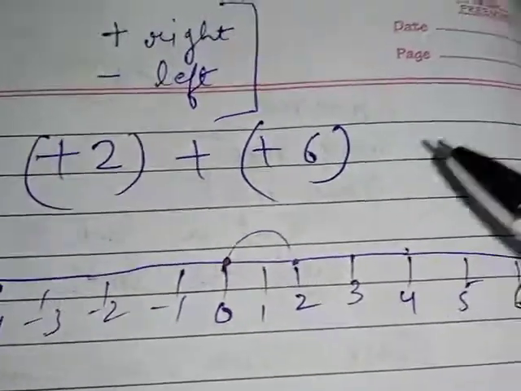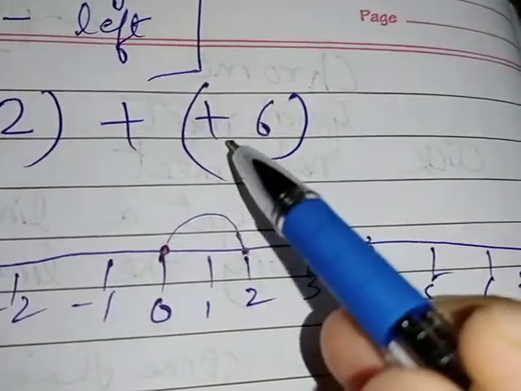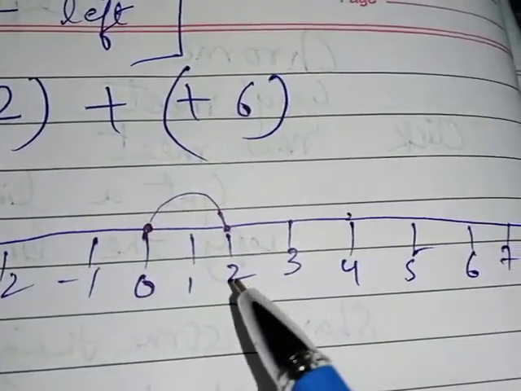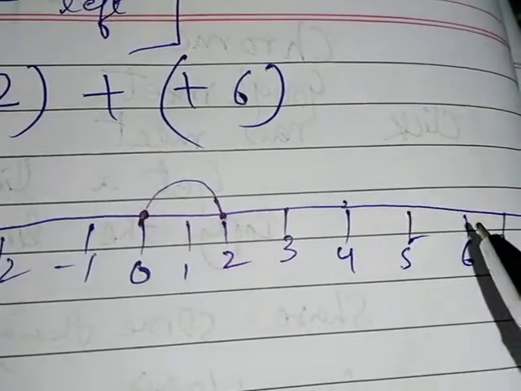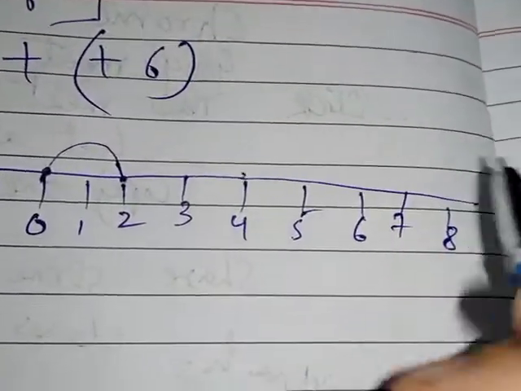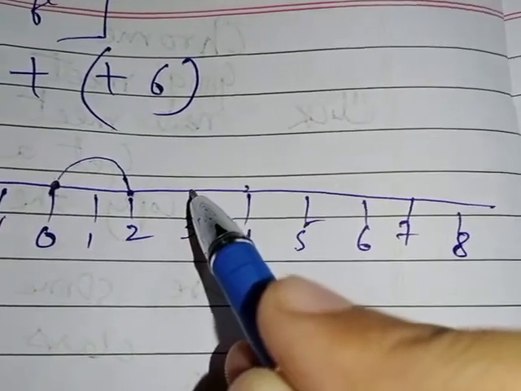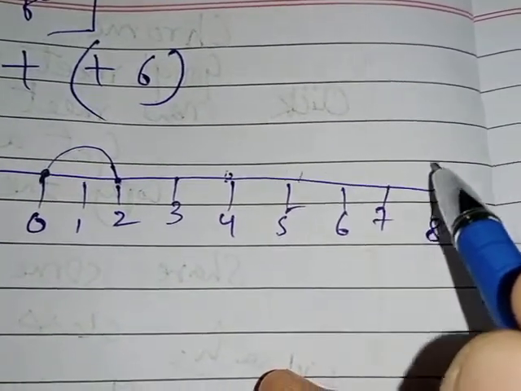Okay, and then another integer we also have positive, right? What is the positive integer? That is 6. So what we have to do now, from this 2 we will take 6 steps. Okay, so how to take 6 steps? You see, from this 2 to 3 is 1, 4 is 2, 3, 4, 5, 6.